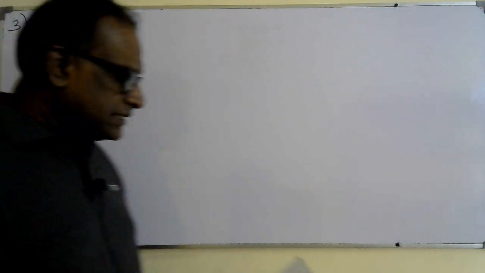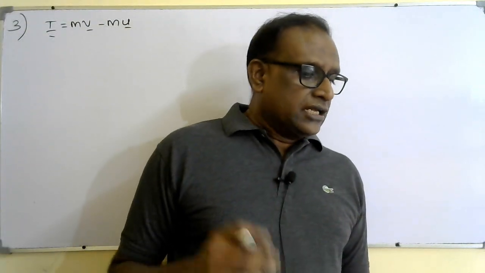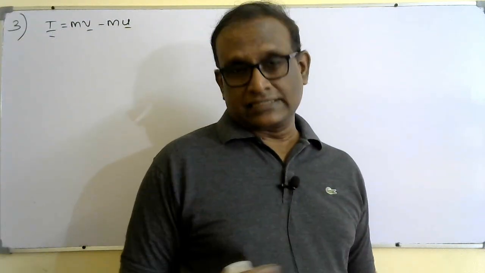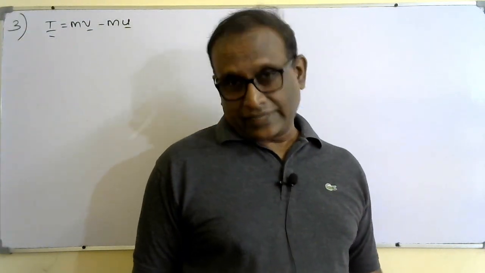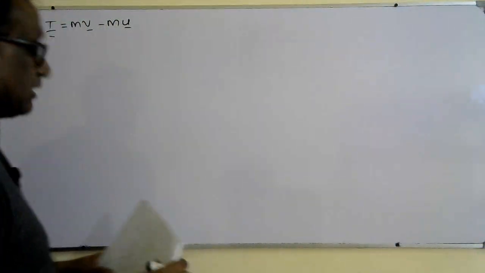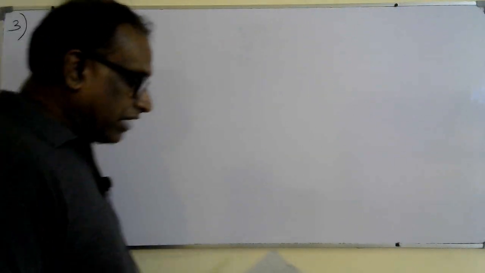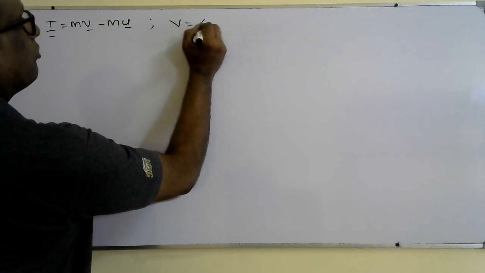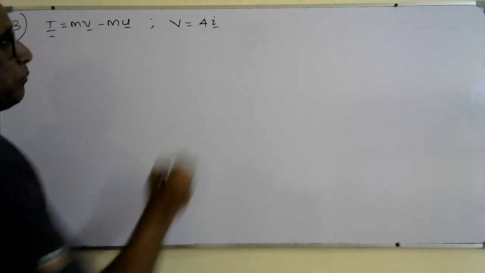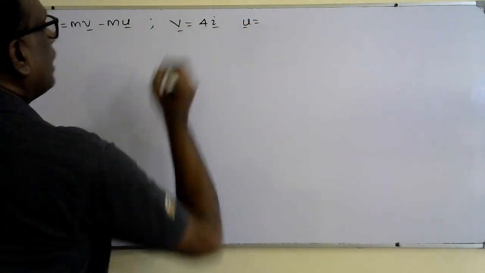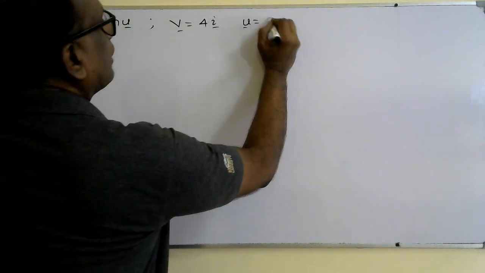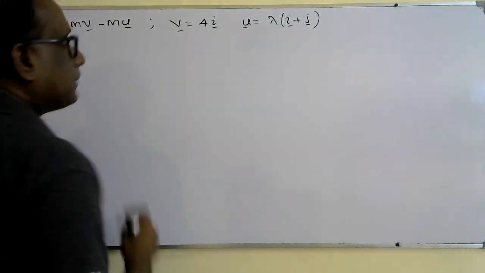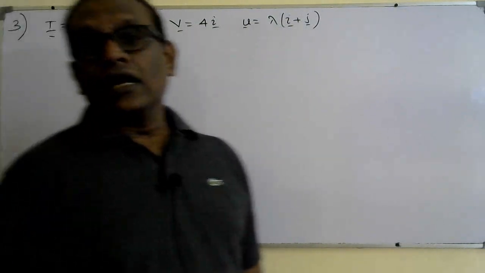We know the magnitude of the impulse is given, root 5 by 2 newton seconds. We'll find the impulse in terms of vectors, using the given initial and final velocity. The final velocity after the impulse is 4i. Before the impulse, the velocity is lambda i plus j, or lambda i plus lambda j, that is the initial velocity.